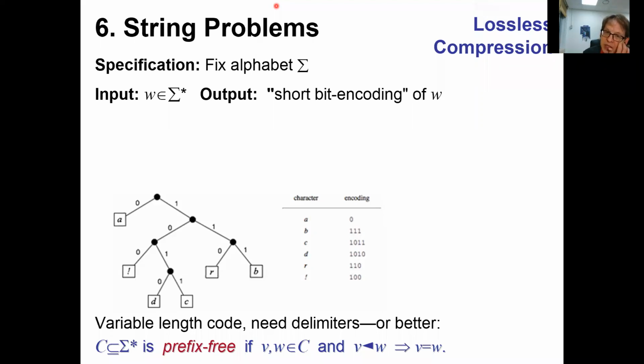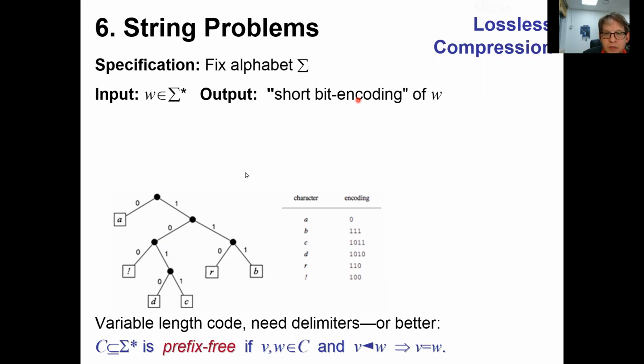And on the right, you see the table with the induced assignment from symbols to finite bit sequences as codes. So, for example, the symbol D here is assigned the code 1010, which corresponds in the binary tree to the leaf D being reached from the path 1010, and so on.